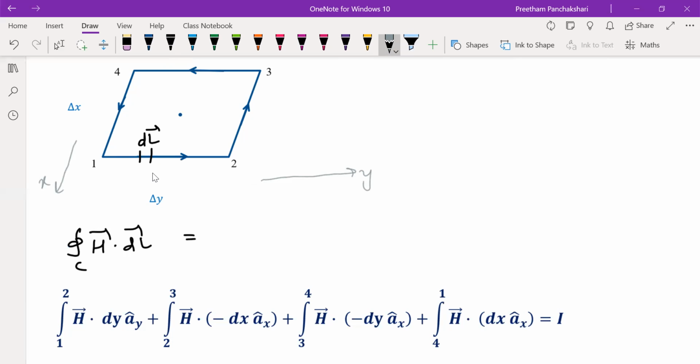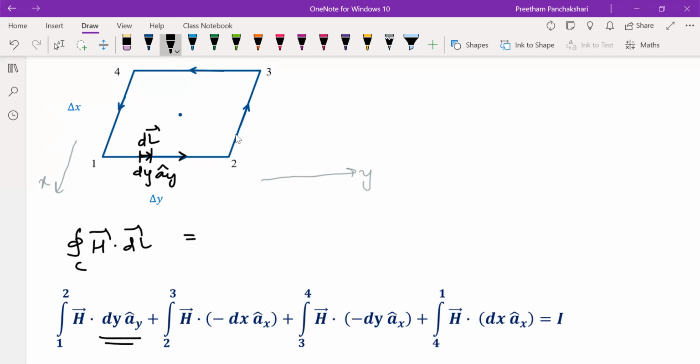This path 1 to 2 is exactly parallel to the y-axis. Therefore the length of this differential path can be taken as dy. And look at the arrow, it is acting in the positive direction of y. That's why the vector dl, differential displacement, can be taken as dy a cap y. So that is what we have put here.